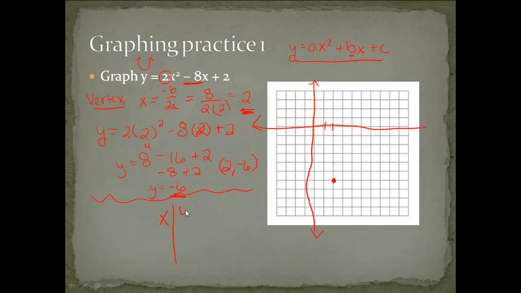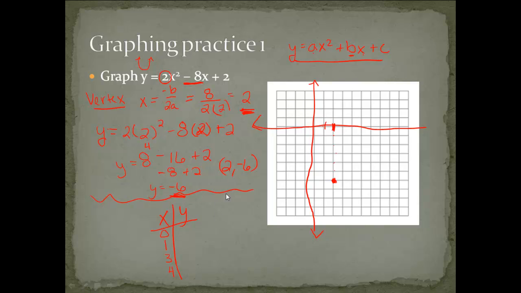So make yourself an XY chart, and you're going to use your vertex to help you pick values for x. Since my vertex is where x is equal to 2, I want to pick 2 x values to the right of my vertex and 2 x values to the left. So for my values to the left, I'm going to pick 0 and 1. And for my values to the right, I'm going to pick 3 and 4.